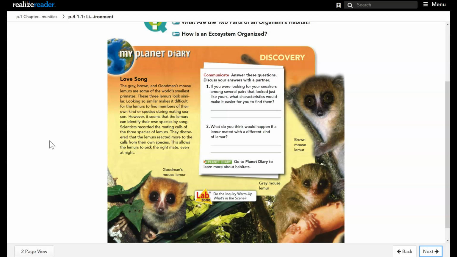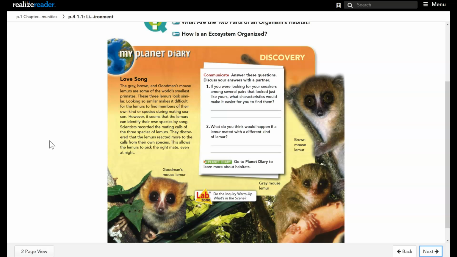However, it seems that the lemurs can identify their own species by song. Scientists recorded the mating calls of the three species of lemurs. They discovered that the lemurs reacted more to the calls from their own species. This allows the lemurs to pick the right mate even at night.